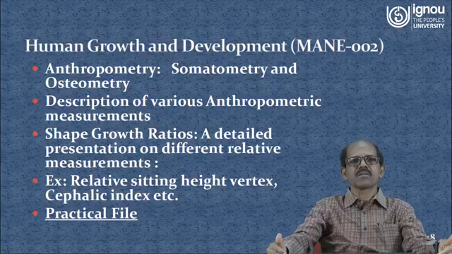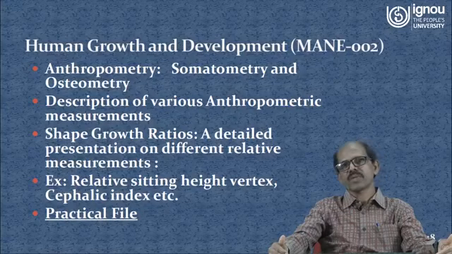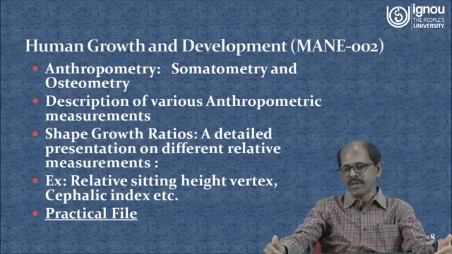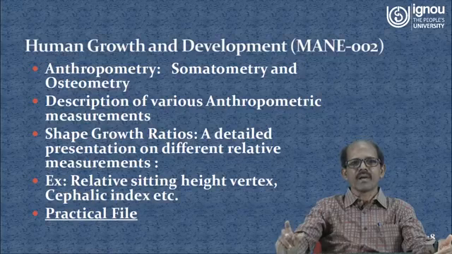Anthropometry is nothing but recording of measurements on the human body, whether living or dead, and it is of two types, somatometry and osteometry. Somatometry is the recording of measurements on the living human being, and osteometry is the measurement of bones, including your skull bones.